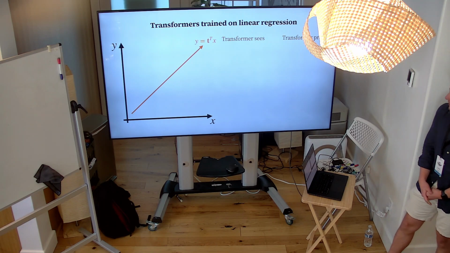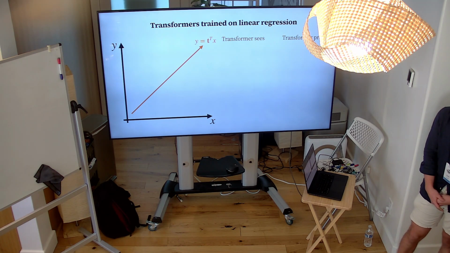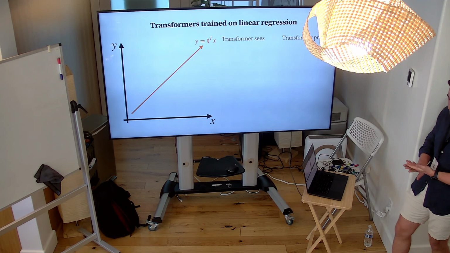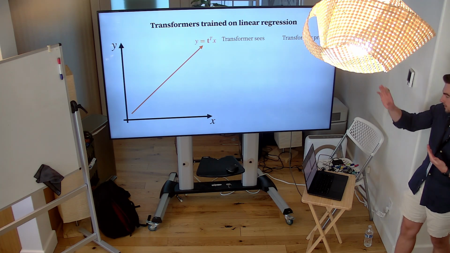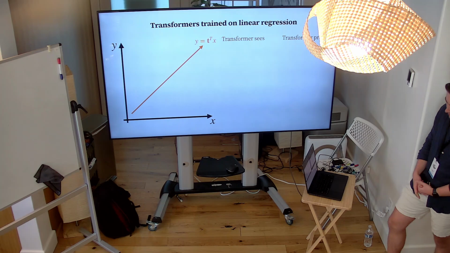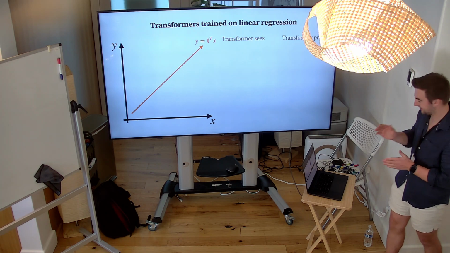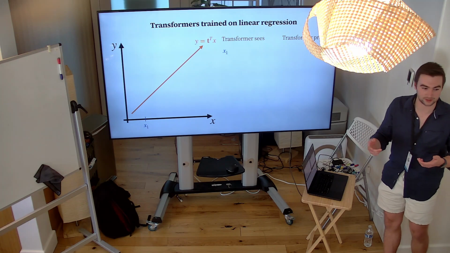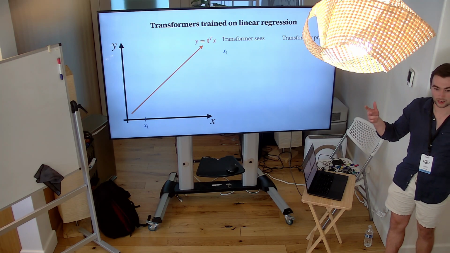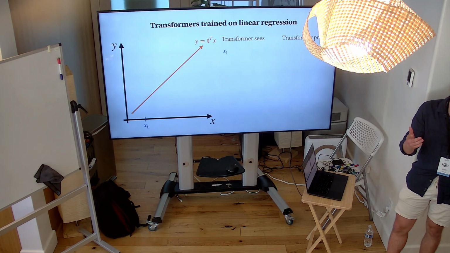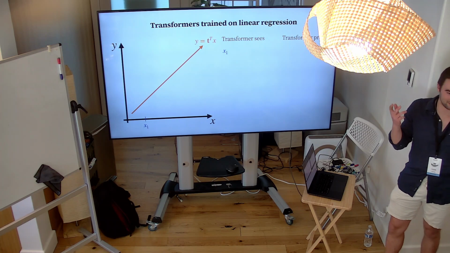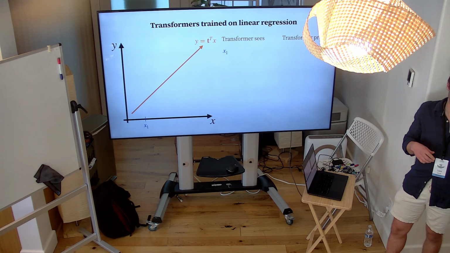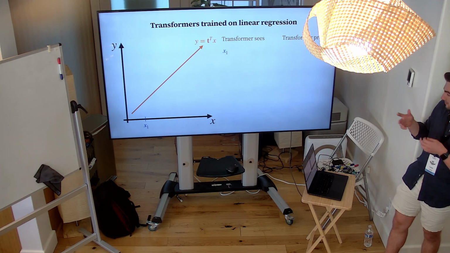So what does it mean for the transformers to be trained on linear regression in this setup? Well, we suppose that there is an underlying task, the t vector, and the transformer first just sees x1, and it is asked to predict what is y1 based on that x1. Of course, at the start, it's going to have no idea what the underlying task is, unless it's perhaps only been trained to perform one task, at which point it's always going to know.